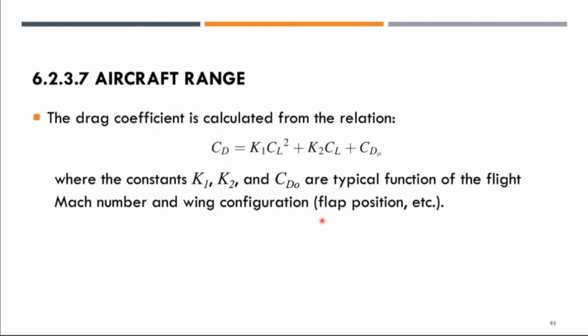The drag coefficient is calculated from this relationship where K1, K2, and CD0 are typical functions of the flight Mach number as well as wing configuration. So depending on whether you have different flight Mach numbers, flap positions and other wing configurations, it will have different values.